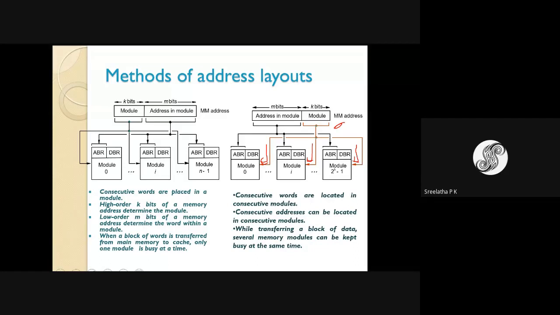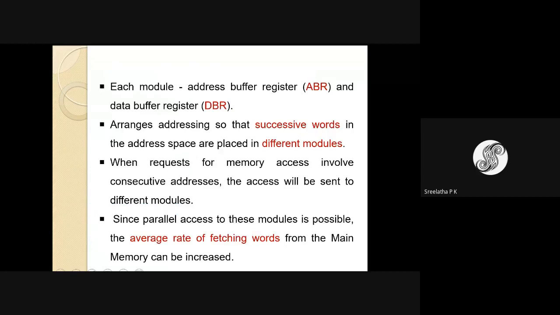So there is an address buffer register and a data buffer register. The address buffer register stores the address which has to be accessed next, and the data buffer register stores the data which is retrieved from that memory location, or which has to be stored in that particular memory location.